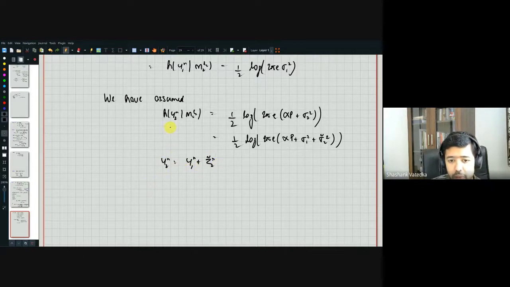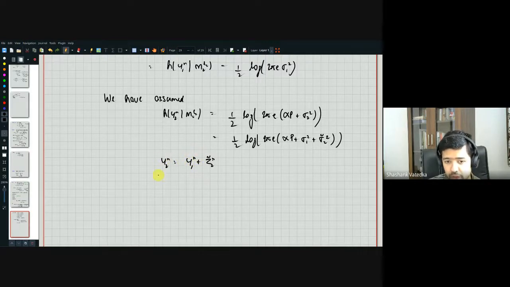So we need a bound on the differential entropy of y1n given m2.